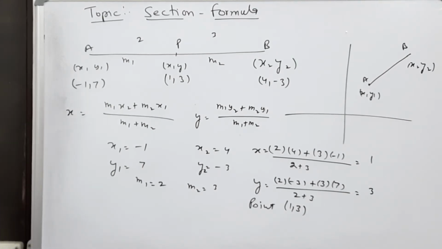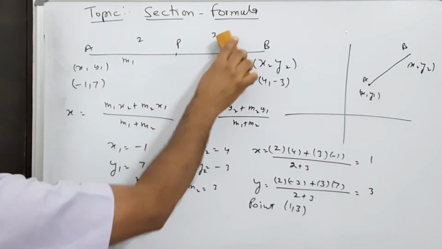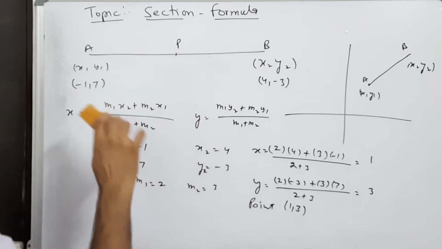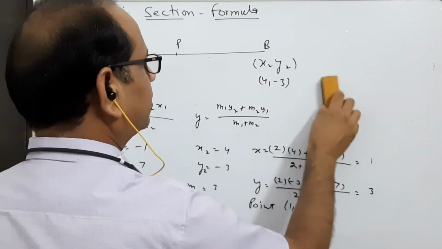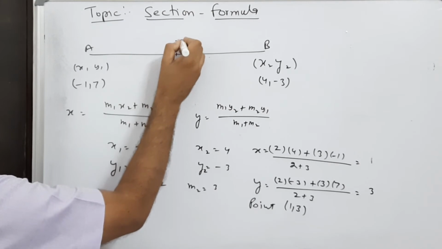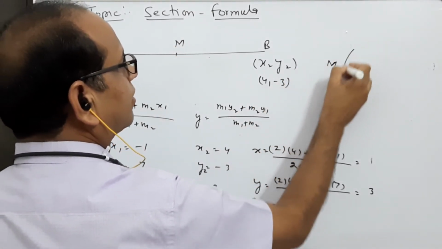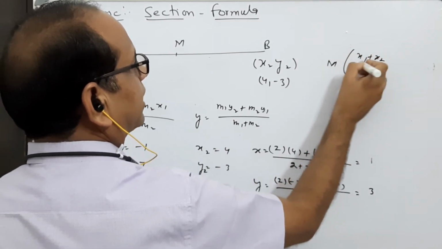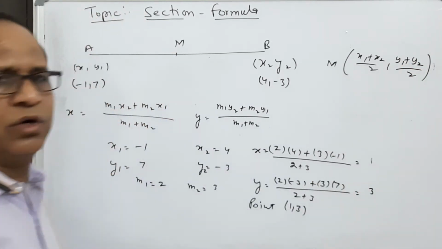Now with the section formula, there is one more formula and it is the midpoint formula. So what is the midpoint formula? Suppose in this problem only, we have to find the coordinate of the midpoint of this line, and say the midpoint is M. Then the coordinate of the midpoint will be (x1 plus x2) upon 2 and (y1 plus y2) upon 2.